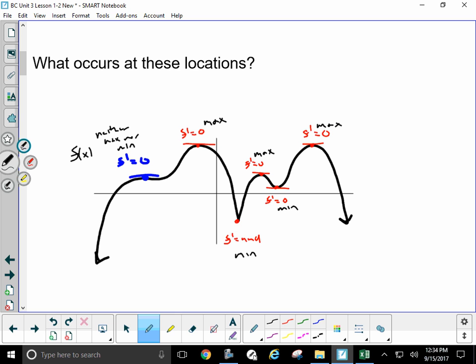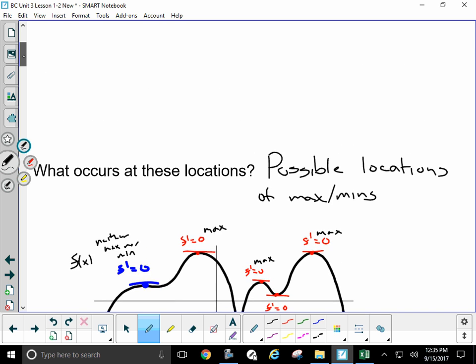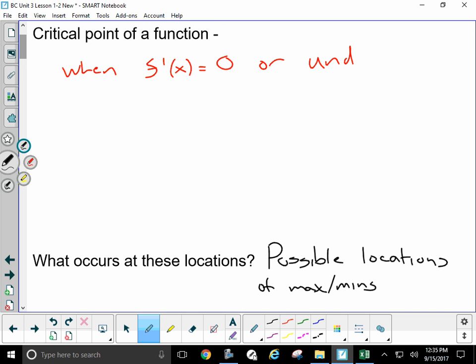Okay? So what is special about critical points? They are possible locations of maxes and mins. All maxes and mins will occur at a critical point, but not all critical points will produce a max or a min.